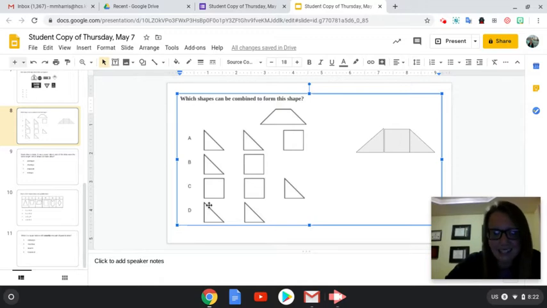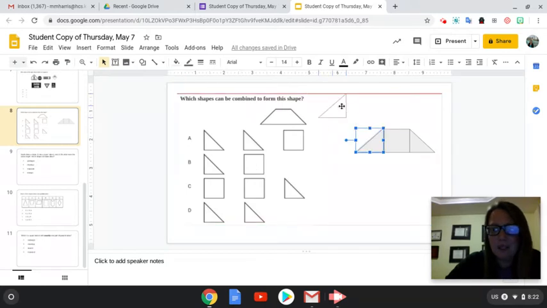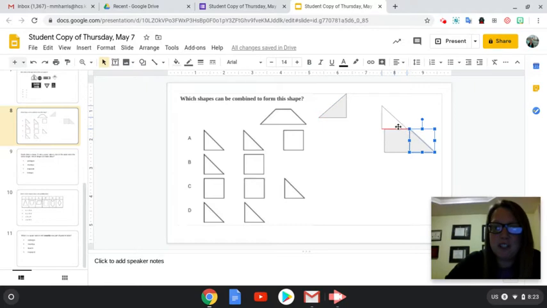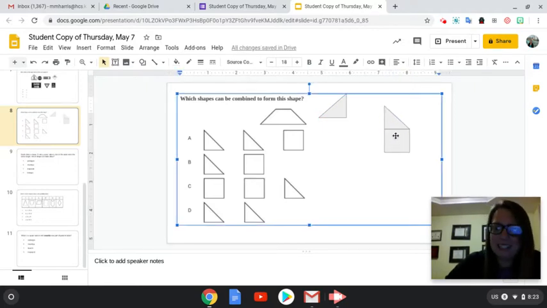Yes. Now think about if I only had these two, would there be any way to make this shape using just these two? No, because we're missing one now. I just made a trapezoid, but is that what they were looking for? The specific trapezoid? No. So B is out.